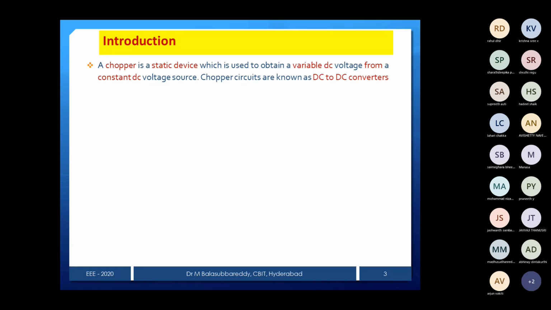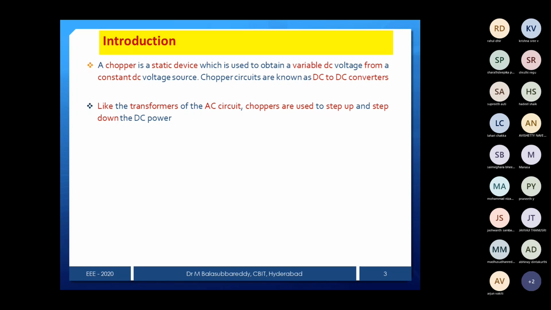Now in this also, just variation of the output voltage by a switch. That switch is not an ordinary switch, it is a controllable switch. That is nothing but a DC to DC converter. So in a transformer, as you know, the AC output voltage is going to vary. But now in a DC case, we are able to get a variable voltage through a chopper.